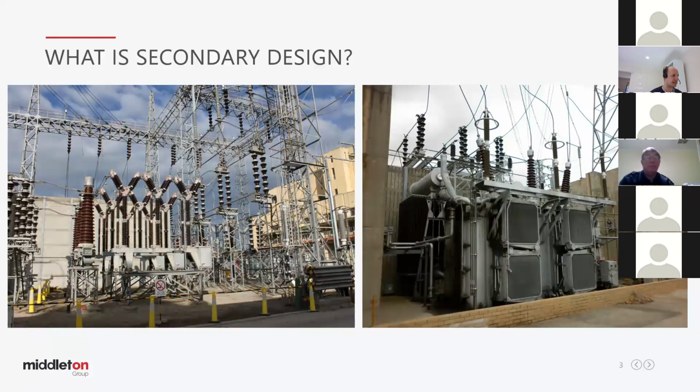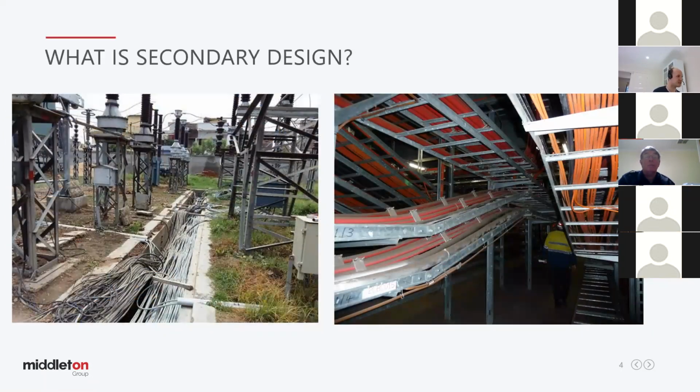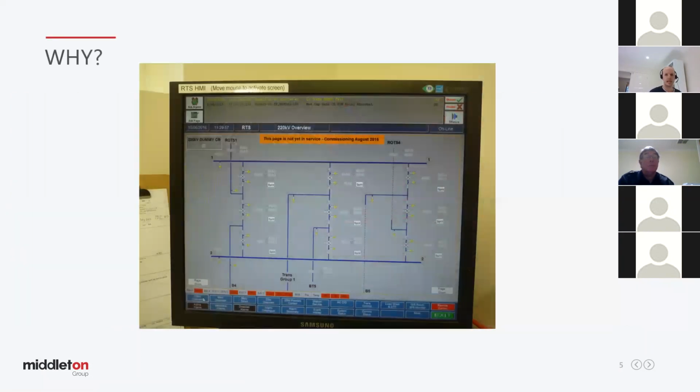So that's a very elaborate means of saying we have primary plant or assets, and what we want to do via the secondary design is connect that via a medium, which is generally copper cables, as you can see here in various forms, to a means of enabling the control of that said plant via local or remote operation. So at a very high level, that's effectively secondary design.